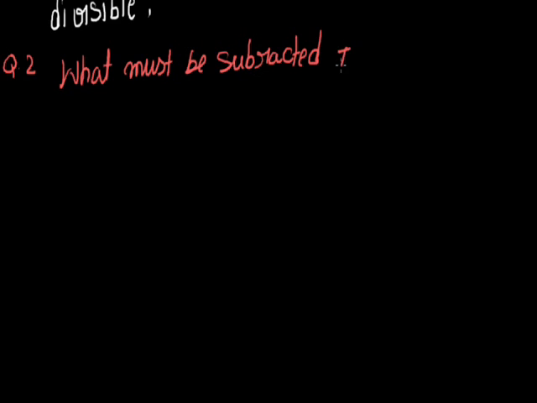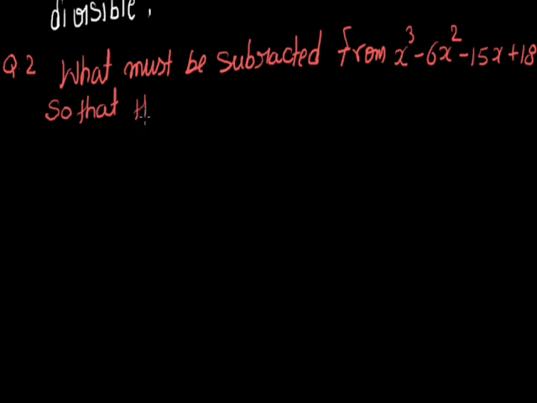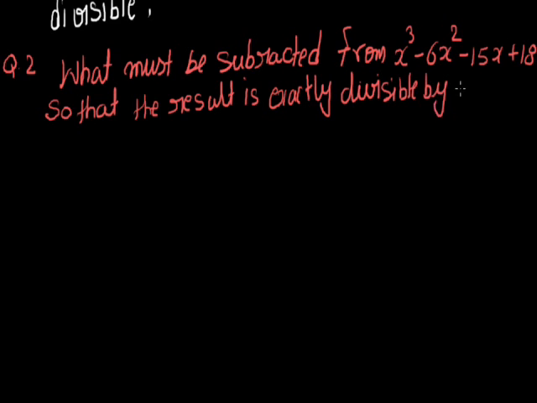What must be subtracted from x cube minus 6x square minus 15x plus 18, so that the result is exactly divisible by x square plus x minus 12?